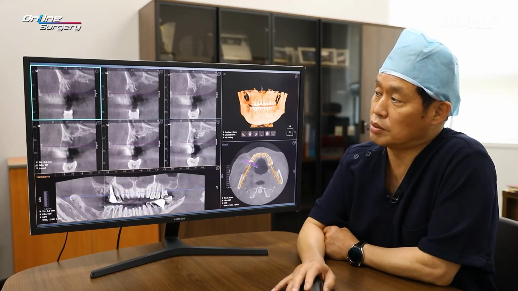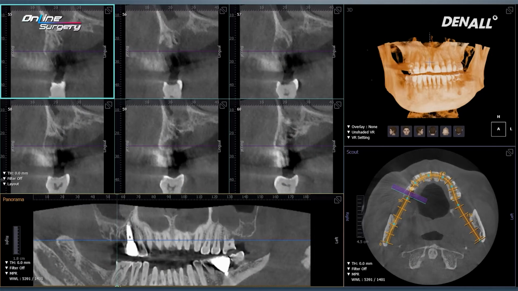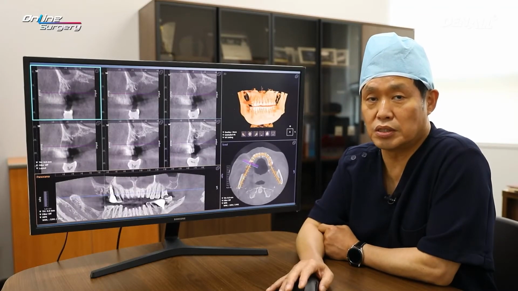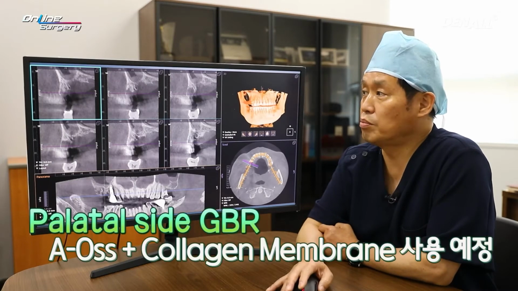As you can see on the CT sectional, the residual bone height is quite favorable on the buccal side. On the palatal side, there's a lot of bone loss. In this patient, bovine bone, a xenograft, is going to be used for the bone graft, and collagen membrane is going to be used for GBR.